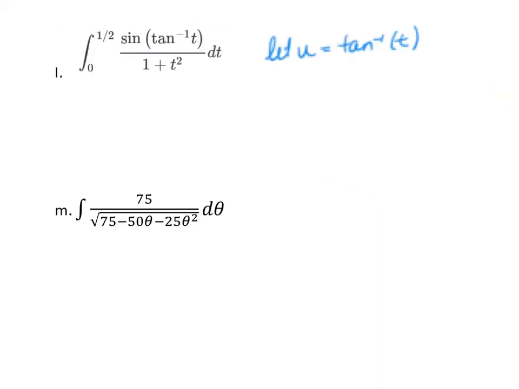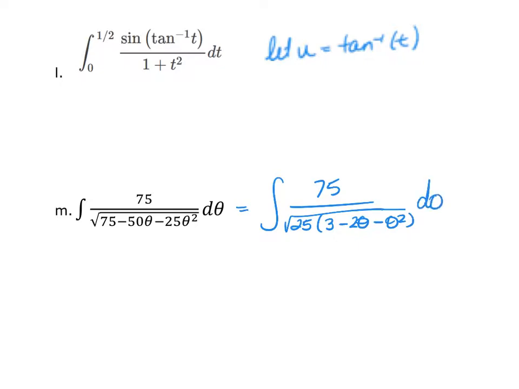For this one, what you want to do is look at the fact that I have 75, 50, and 25 in the denominator. So I'm going to factor out a 25 out of each one of those. So I have 25, and then I have 75 divided by 25 is 3, minus 50 divided by 25 is 2 theta, and then minus theta squared d theta.